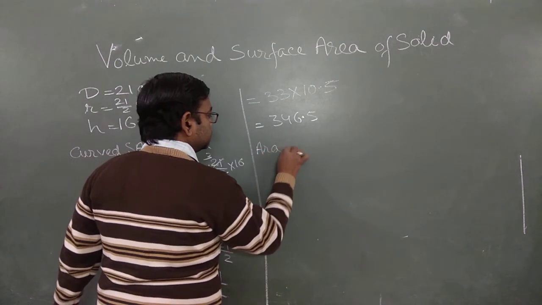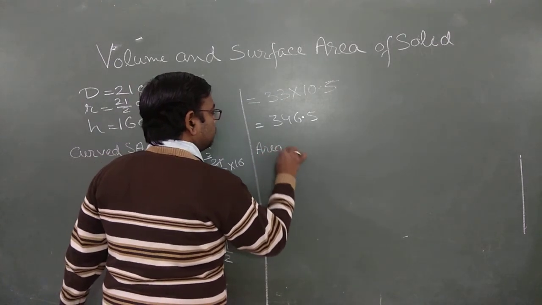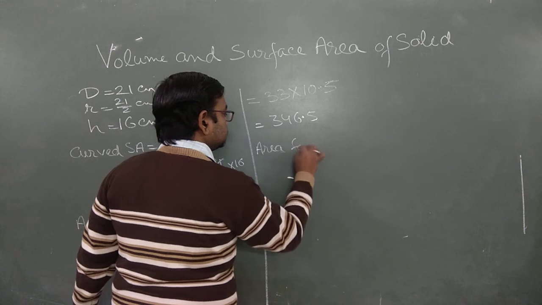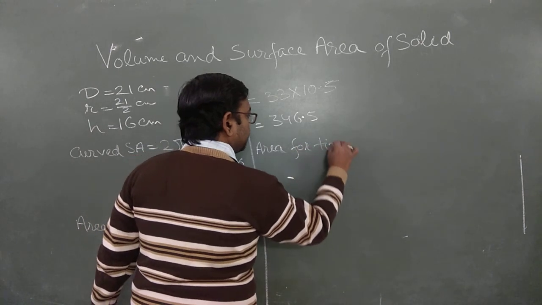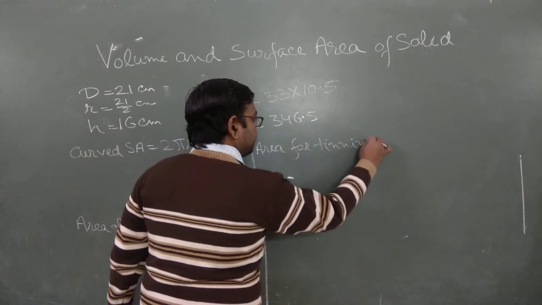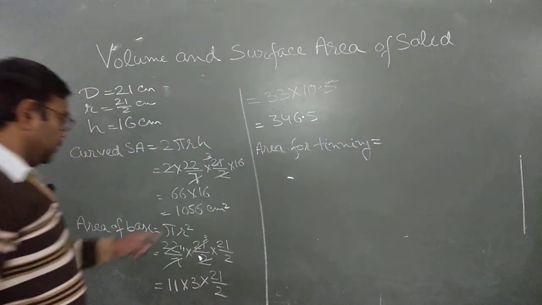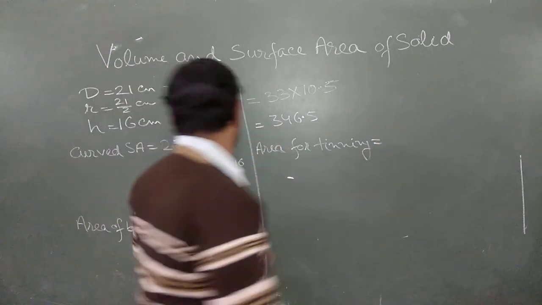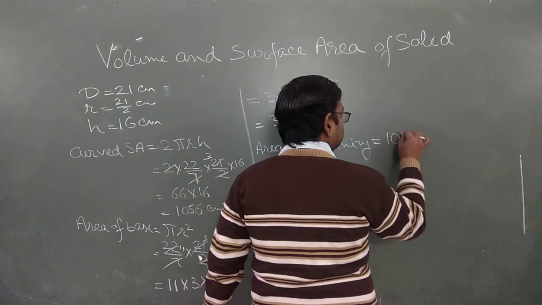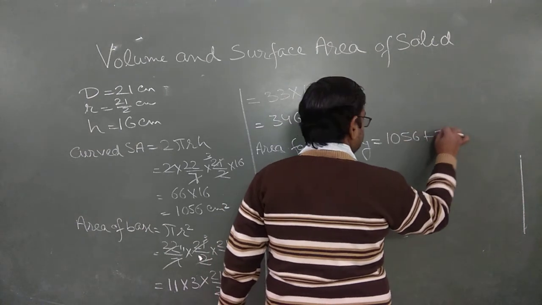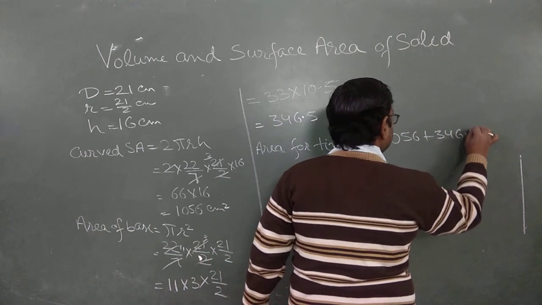Now the area for tinning equals, we add this and this, 1056 plus 346.5.